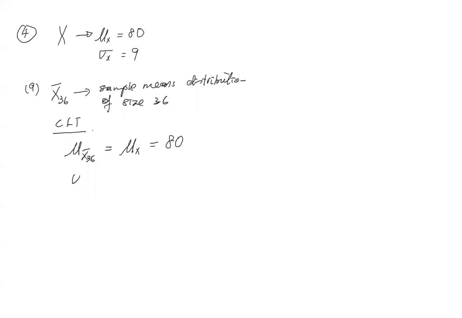And the standard deviation for this distribution will be equal to the standard deviation of the population divided by square root of 36. That is 3/2. Correct? Okay, now B. Is the X bar 36 distribution approximately normally distributed? Can you tell me yes or no? Jared?